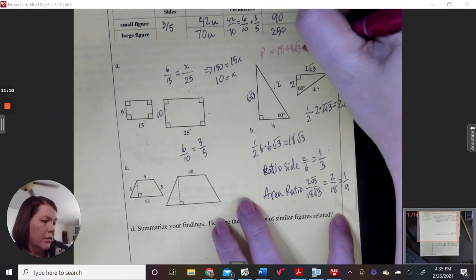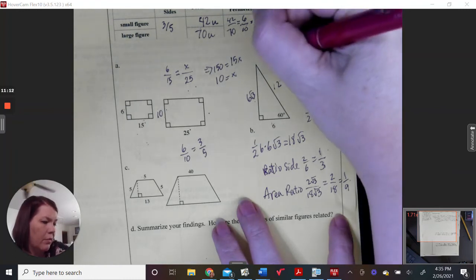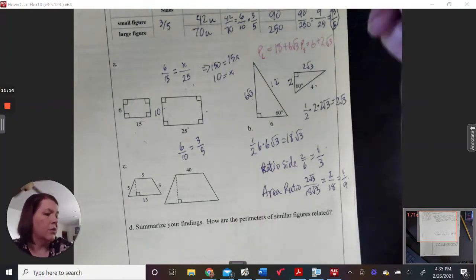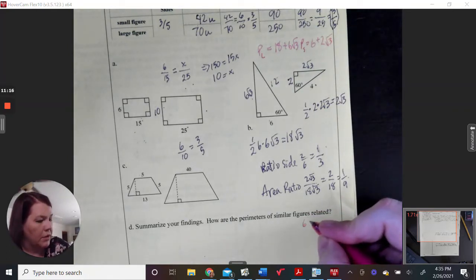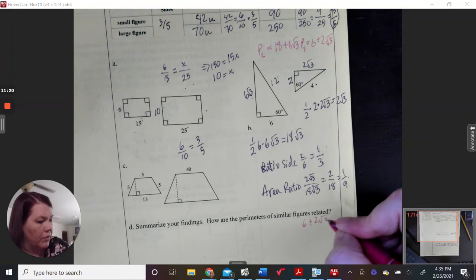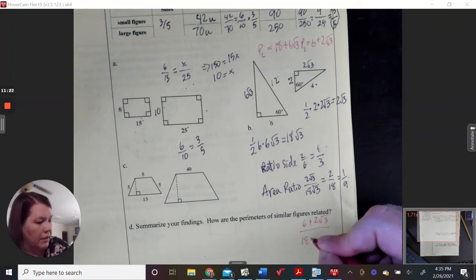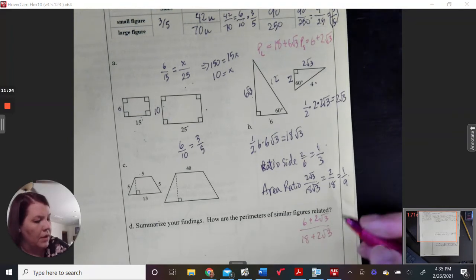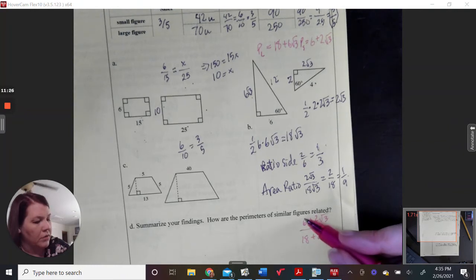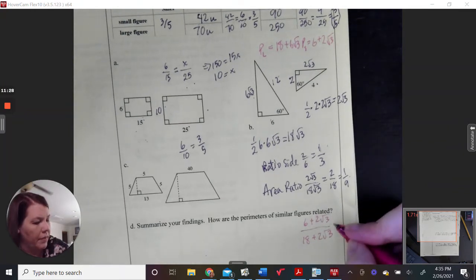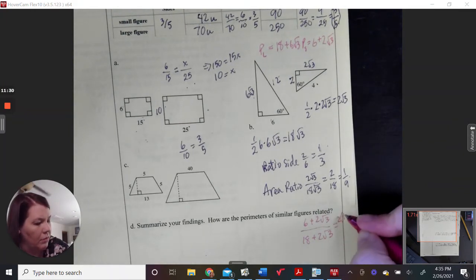I'm going to go ahead and factor out 2 on the top. Factoring out a 2, I get 3 plus the square root of 3.